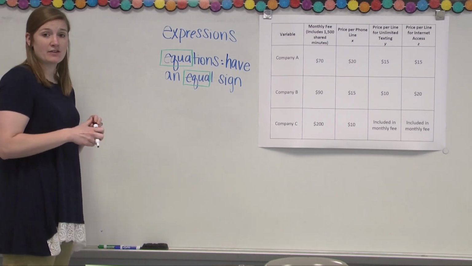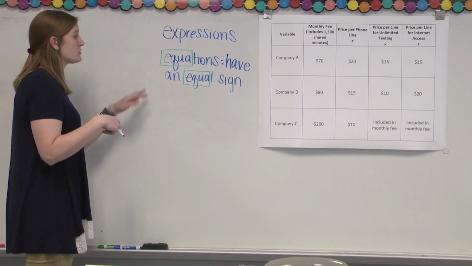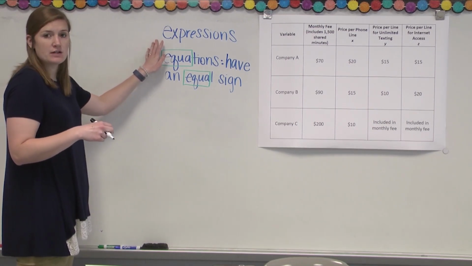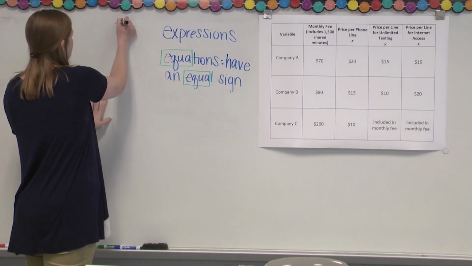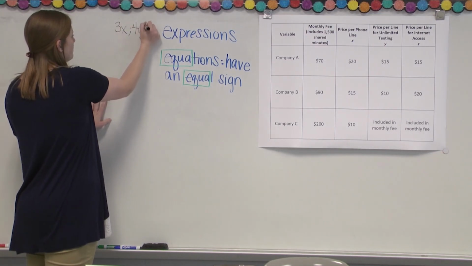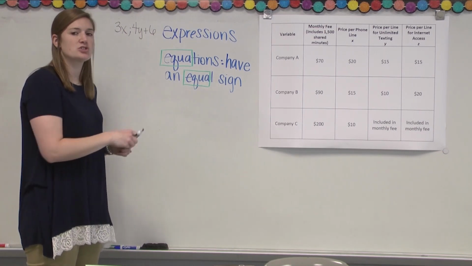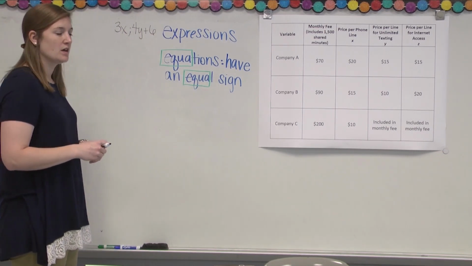To accompany those vocabulary words and the definition that we have there, let's also write some examples. So because an expression does not have an equal sign, something like 3x or 4y plus 6. Those are two examples of expressions because they do not have equal signs.